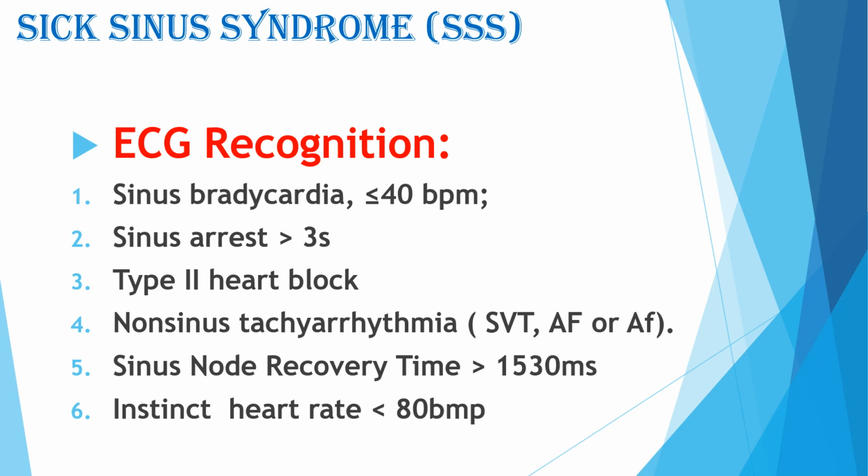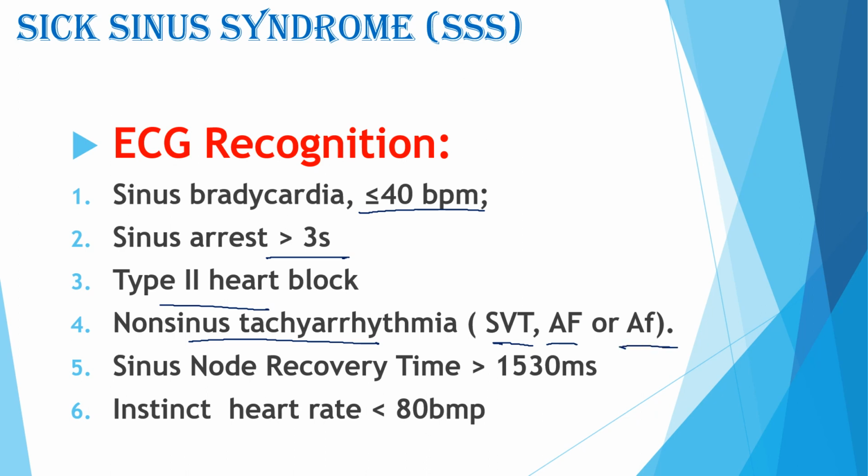For ECG interpretation, we can find sinus bradycardia, most often with a heart rate less than or equal to 40 beats per minute, and sinus arrest for more than 3 seconds, type 2 heart block, non-sinus tachyarrhythmia, that is supraventricular tachycardia, atrial fibrillation or atrial flutter.